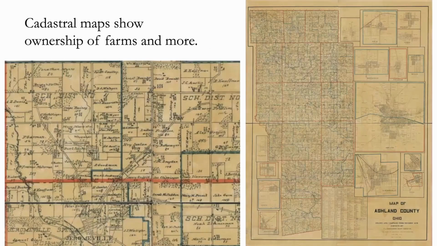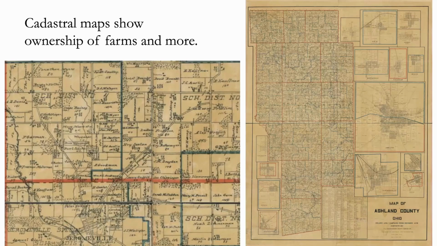So these are another kind of map, and these look similar to the Sanborn maps, but these are for an entirely different reason. These are cadastral maps, and cadastral maps were created primarily for tax purposes. This is a way by which counties calculated the tax that each individual property was going to be assessed with.